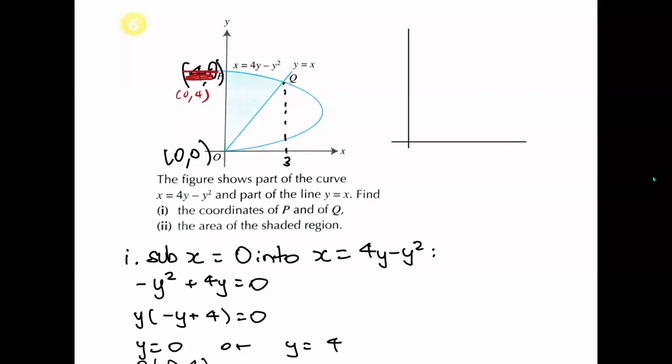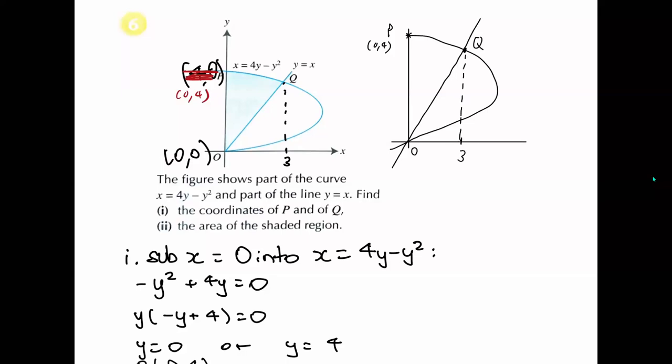Okay, so like this. Then you have a quadratic curve like this. Then you have a line cuts across. Okay, very good. Point Q, point P. Point P is 0, 4 here. This is origin. Q is x equal to 3. Okay.